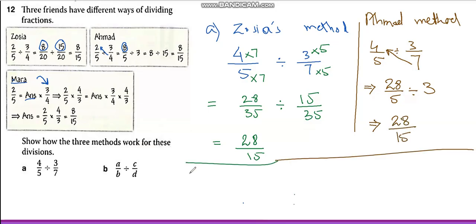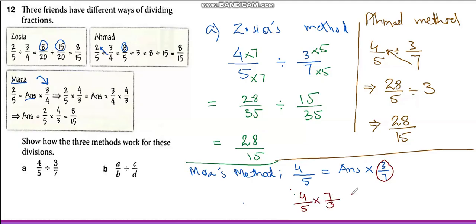Finally, if we apply Mara's technique, I will set up an equation: 4/5 equals answer times 3/7. Now I will multiply both sides with the reciprocal of 3/7, and I will get 4/5 times 7/3 equals answer times 3/7 times 7/3.